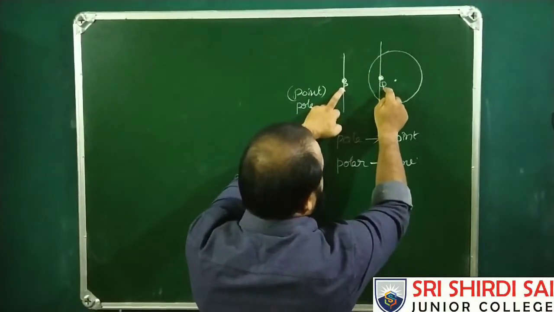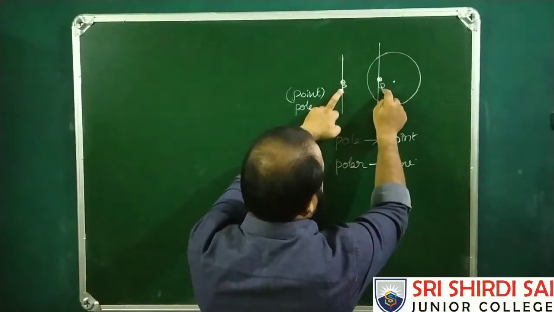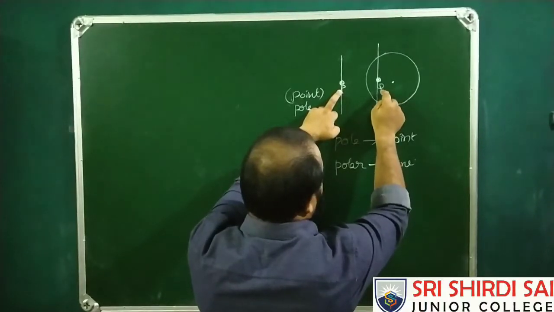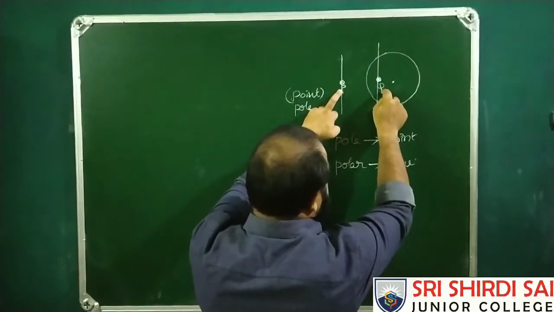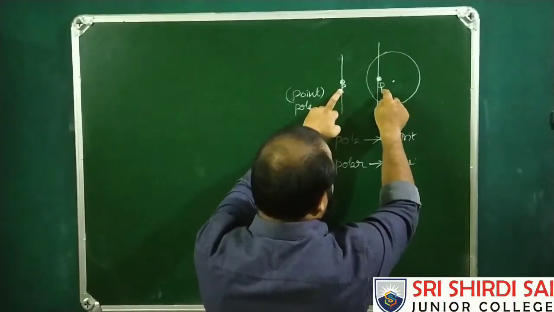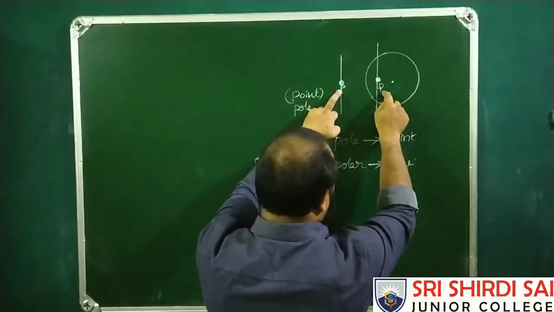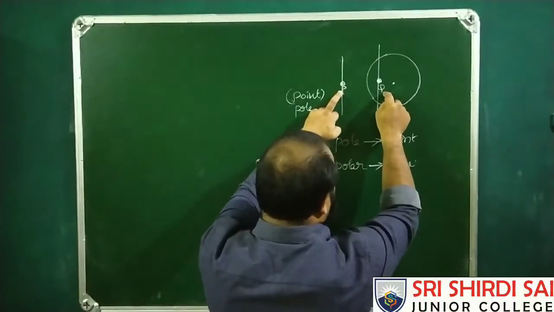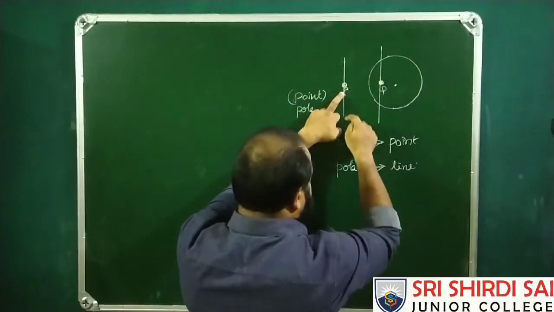The point P's polar is this, and this is passing through Q. And as far as Q is concerned, Q is a point, in other words, it is a pole. Since it is a pole, it has to have a polar, and that polar is, for example, this.